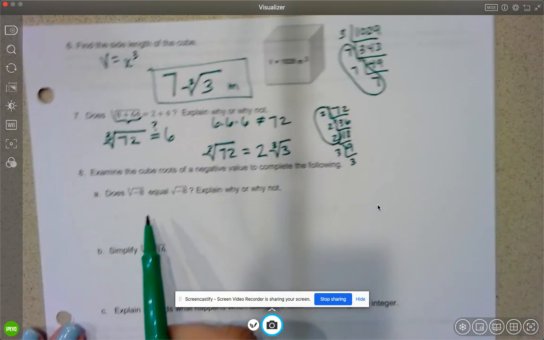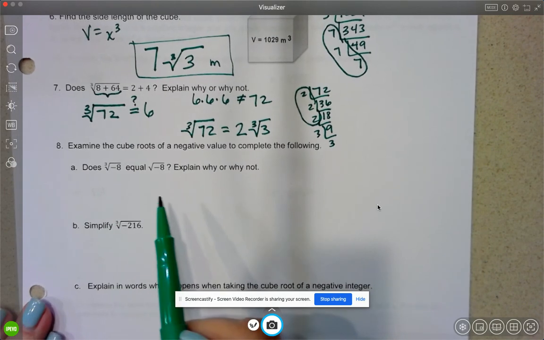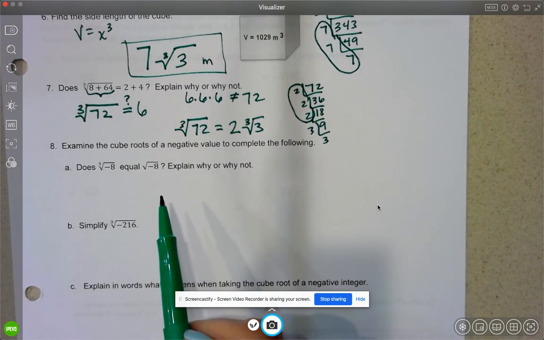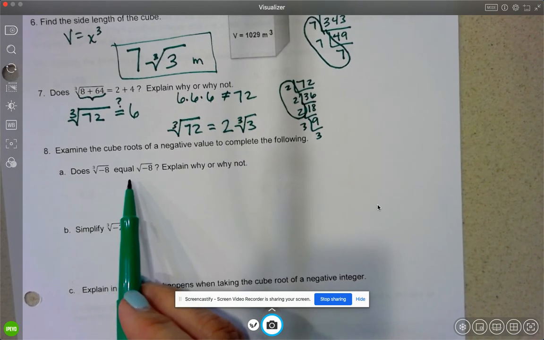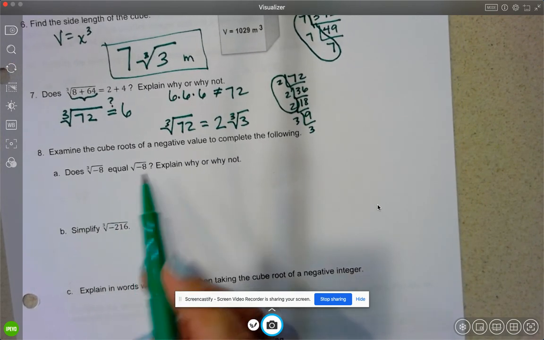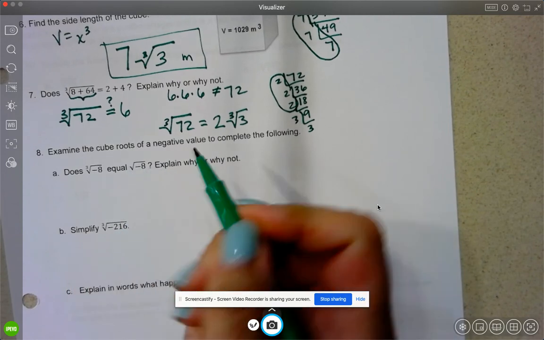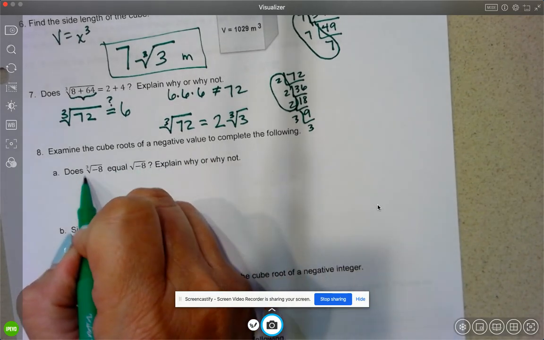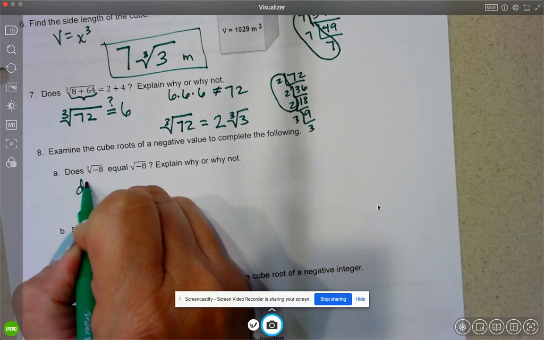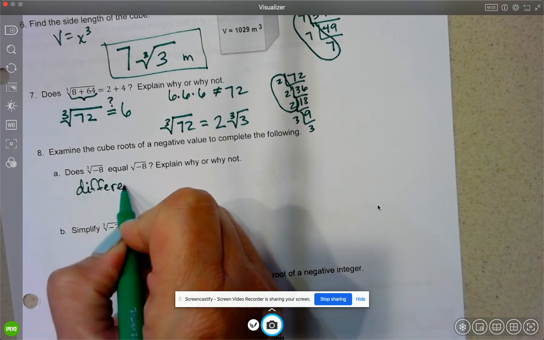So examine the cube roots of a negative value to complete the following. Does the cube root of negative 8 equal the square root of negative 8? Because this is just square root. Explain why or why not. Well, they cannot be equal because they have different indexes.